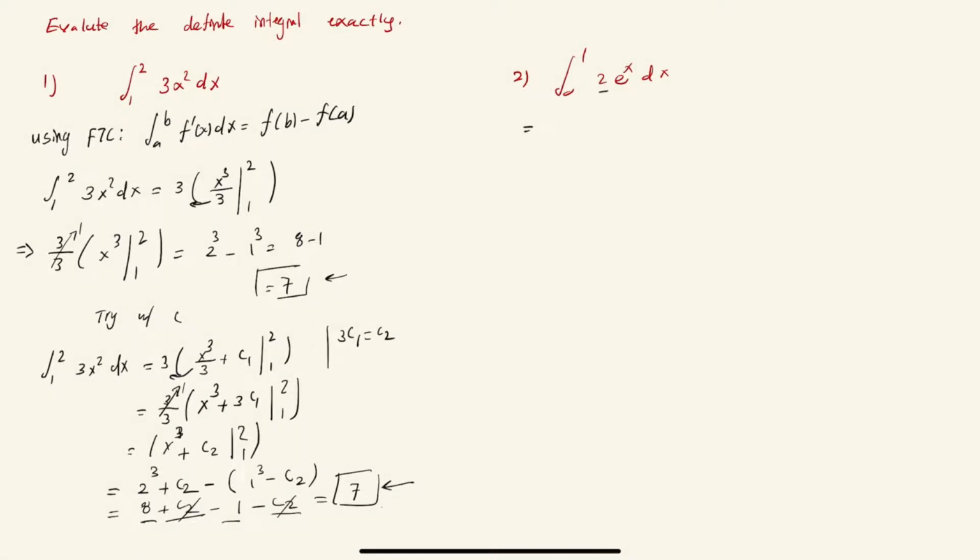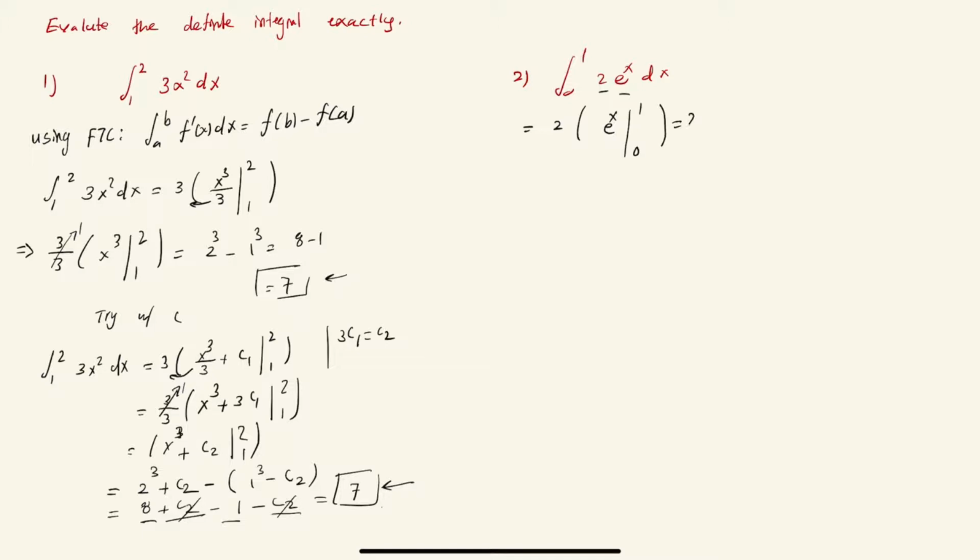That's going to be 2, and then the antiderivative of e to the x is the same, e to the x, evaluated at the limits of the integral, here 0 and 1.